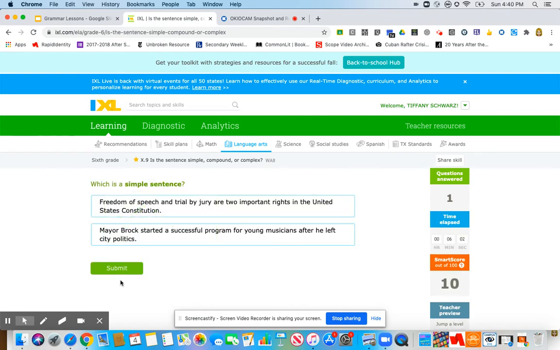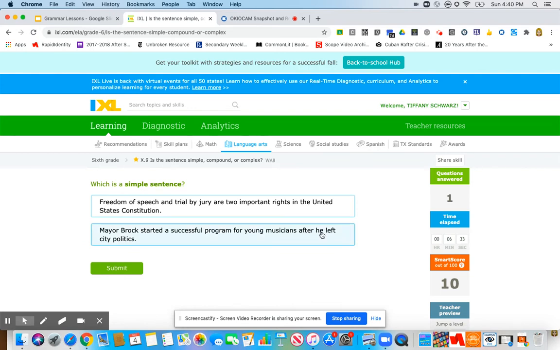Now we're looking for another simple sentence. Freedom of speech and trial by jury are two important rights in the United States Constitution. Mayor Brock started a successful program for young musicians after he left city politics. Well, in my second sentence, I noticed that I have a white bus word, after. So this sentence is IC, DC, because after he left city politics is a dependent clause.